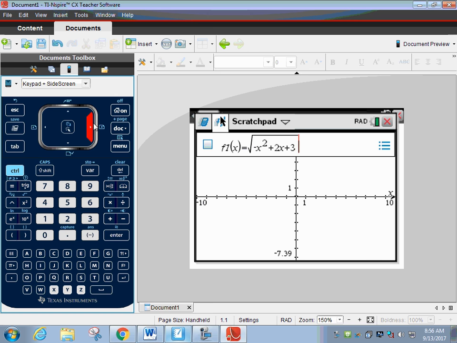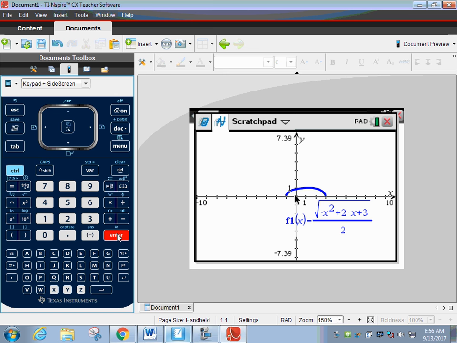All of that divided by 2. If I go to graph that, boom. If I then, in the next one, type in the negative version, negative the square root of negative x squared plus 2x plus 3, all divided by 2.